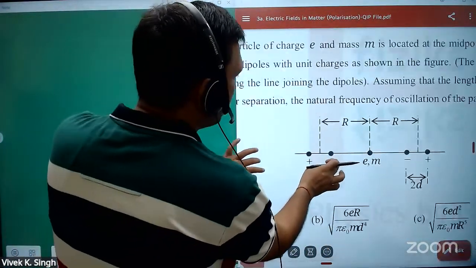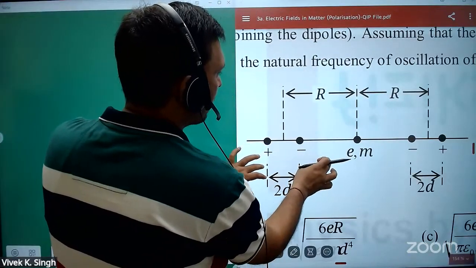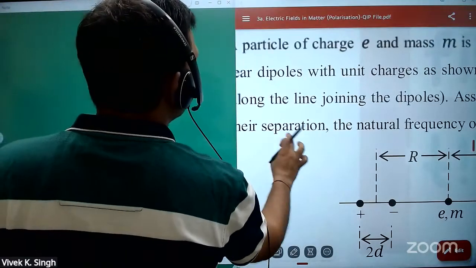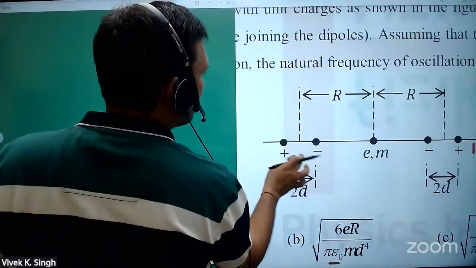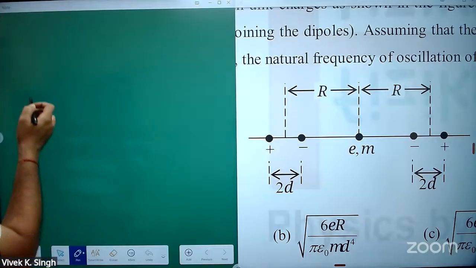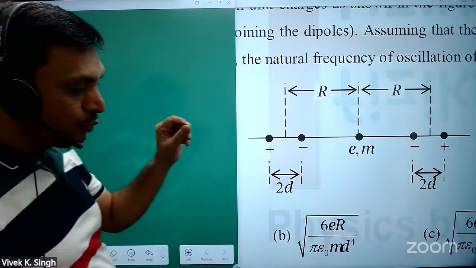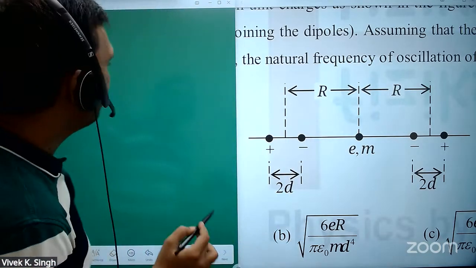So see this figure, this is question number 5. In this question, you have to use the concept of simple harmonic motion.